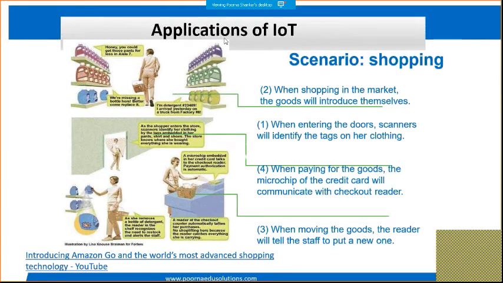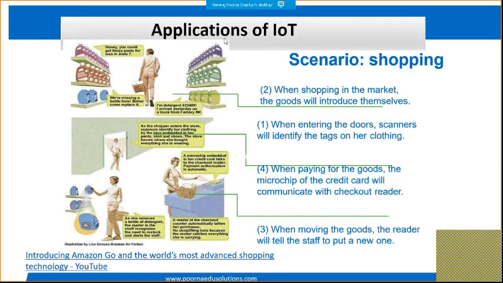Second, when entering the doors, the scanners will identify the tags on the clothing. Whatever dress you are wearing, it will identify you through face detection, and then the tags will be placed. And third, when moving the goods, the reader will tell the staff to put a new one. While reading the tags, as soon as they pick it up, the tag connected with you and the tag on the goods will be matched.